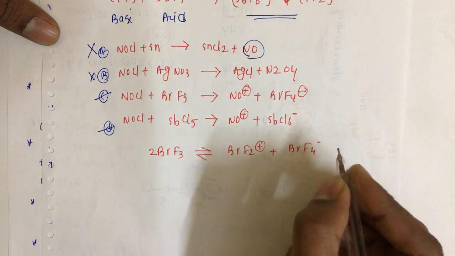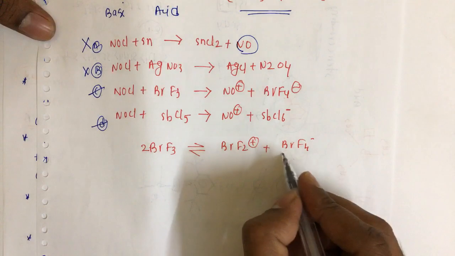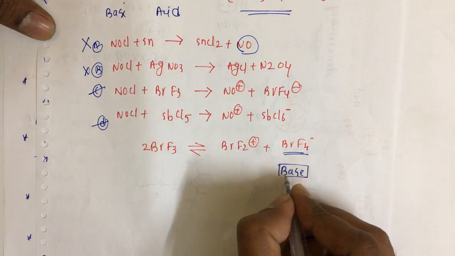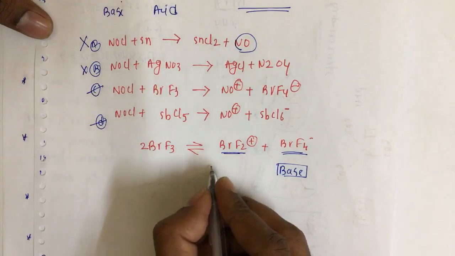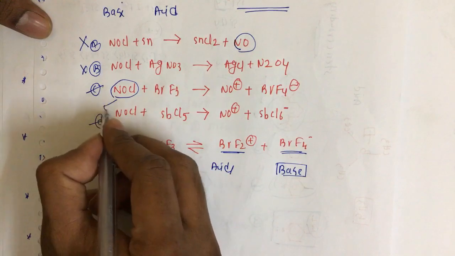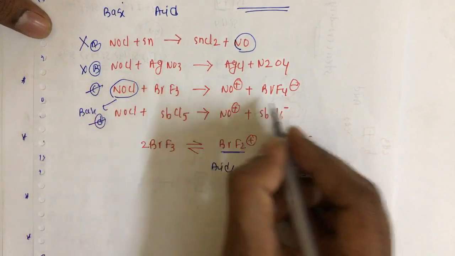So the compounds which give BrF4 minus act as bases. The compounds which form BrF2 plus act as acids. And here NOCl is the base because it's producing the BrF4 minus.